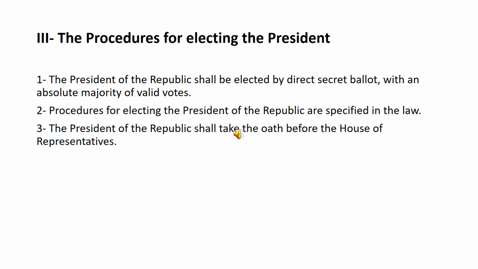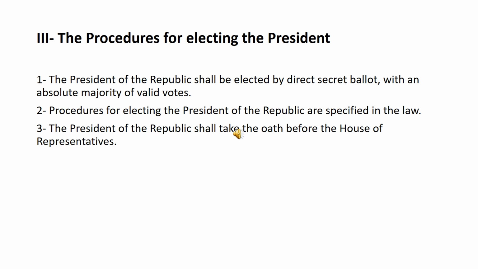We are going to elect according to our place in a room where we have a direct secret ballot. We have to choose among the potential candidates for presidency, and we are going to select the name. It will be a secret ballot. No one is allowed to check the paper that you are going to put in the box.